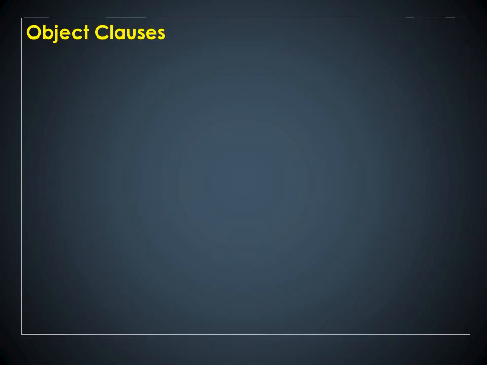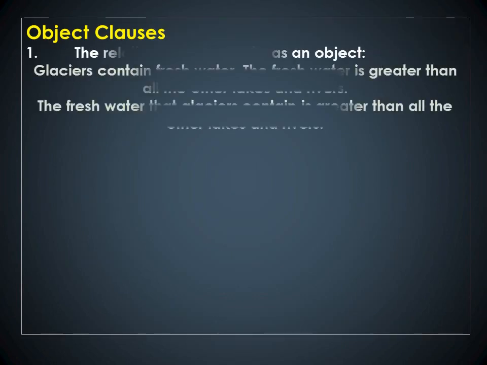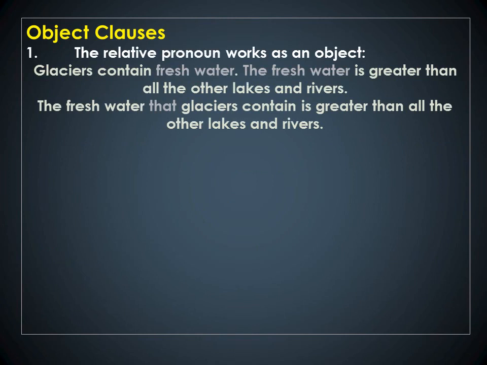Now, as for the object clauses, the relative pronoun works as the object of the sentence. Observe the example. Glaciers contain what? Fresh water. The fresh water is greater than all the other lakes and rivers.